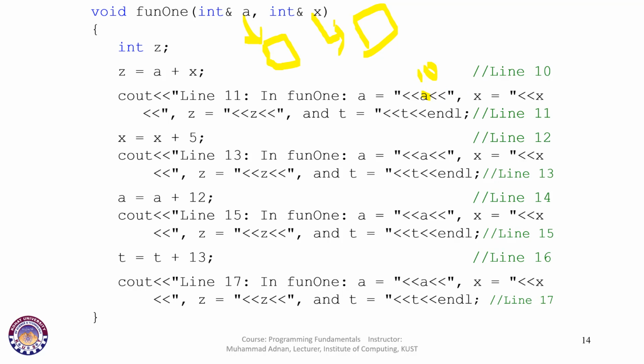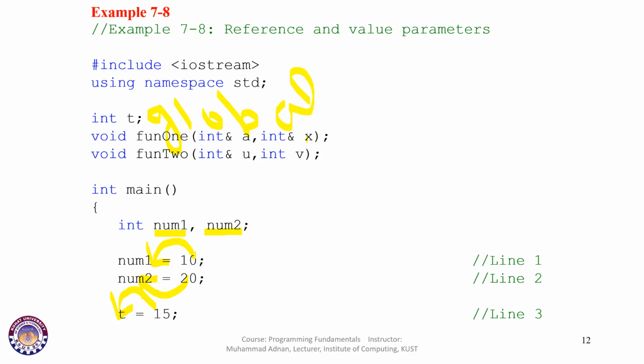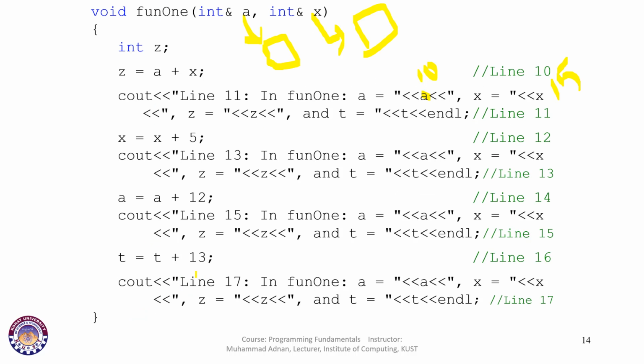We print the value of x, which will be 15, because num1 had 10 and t had 15. Then we also print the value of z, which will be 25.